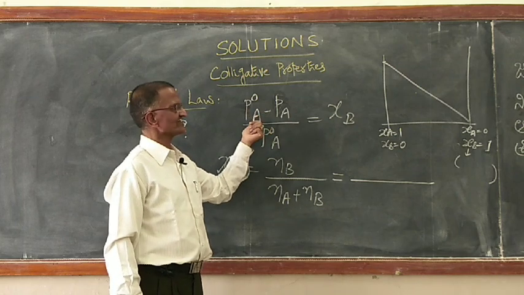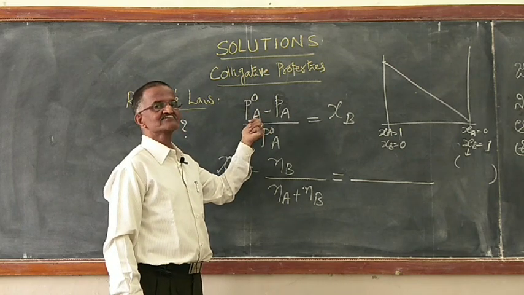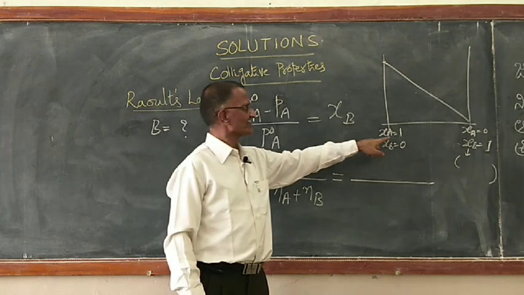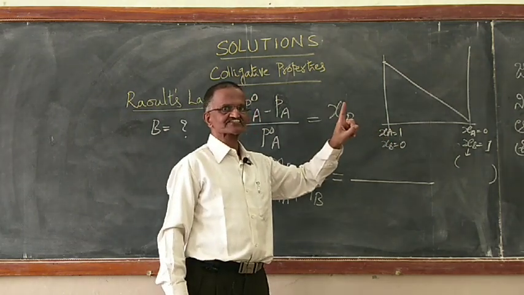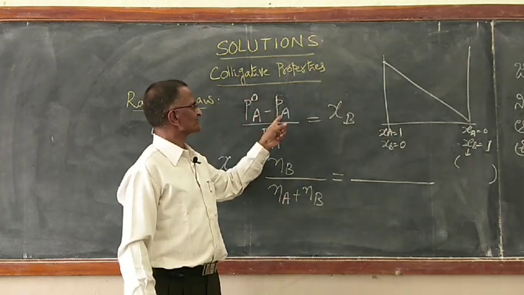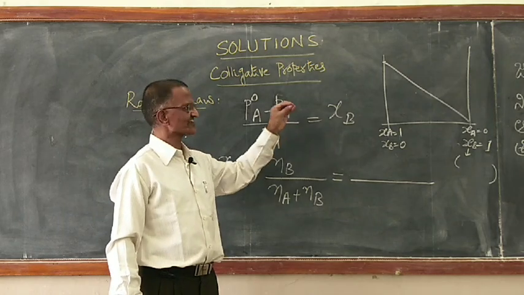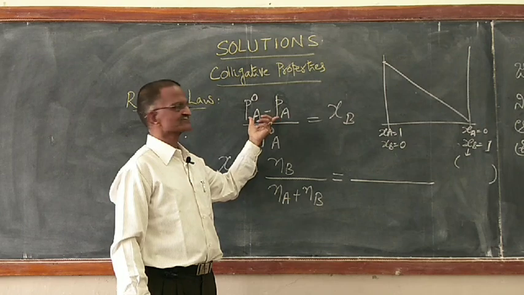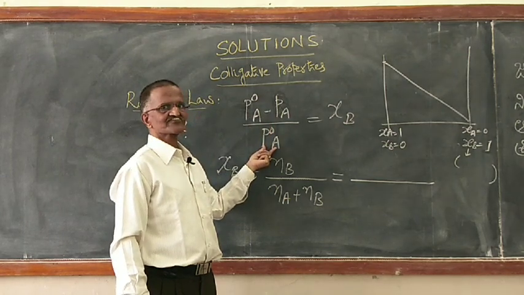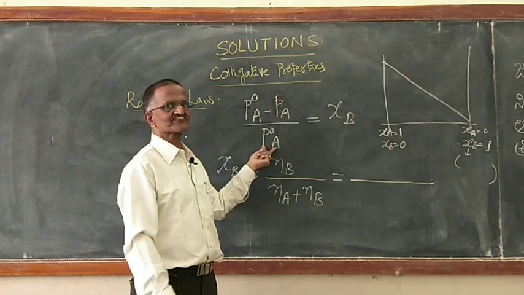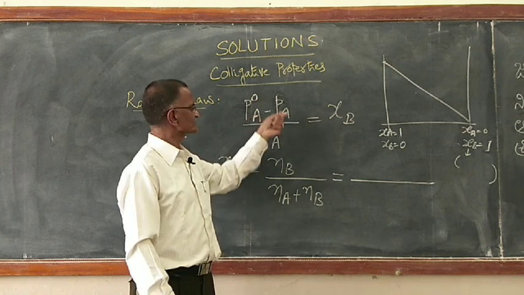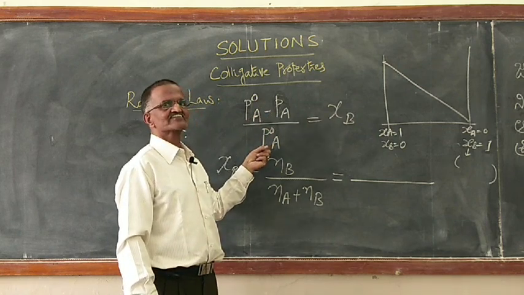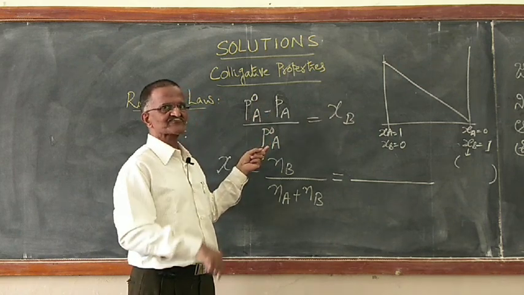If P naught A is the vapor pressure of A when A alone is present, and small p A is when a small amount of solute is present, that shows the decrease. And when you find out how much it has decreased from the original, this relation will tell me the relative lowering in vapor pressure.